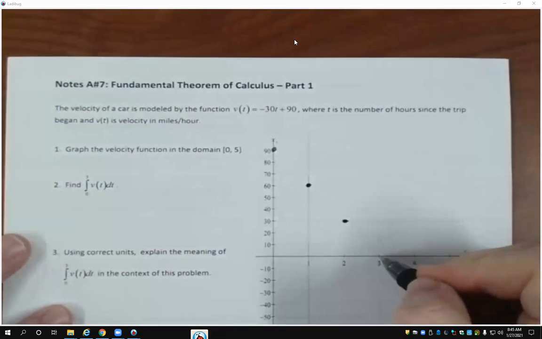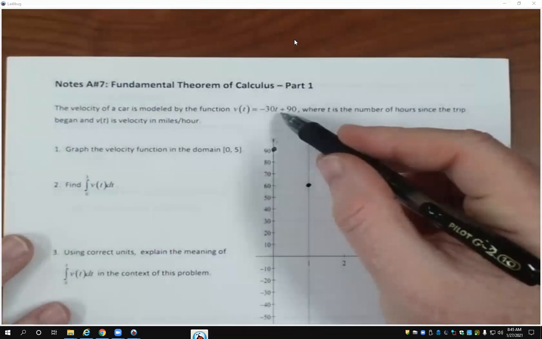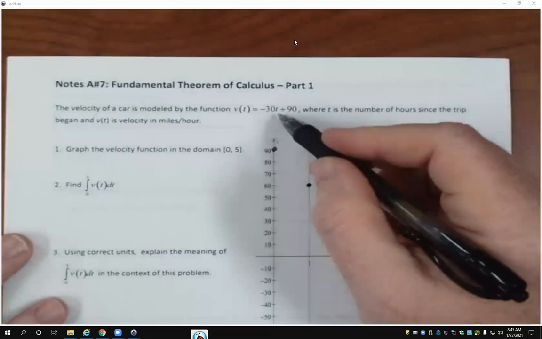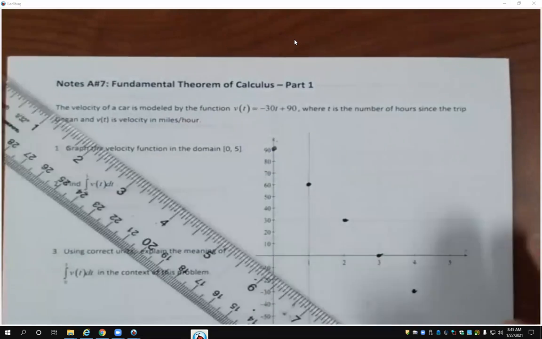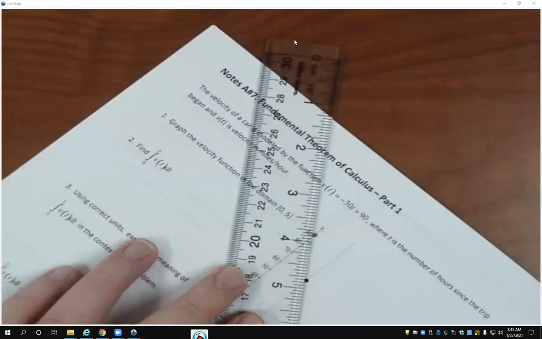When we plug 3 in, we get 0. When we plug 4 in, we get -30. And when we plug 5 in, we get -60. It doesn't matter if it's that straight, I'm just going to do it so it looks nice. But there's our velocity graph.